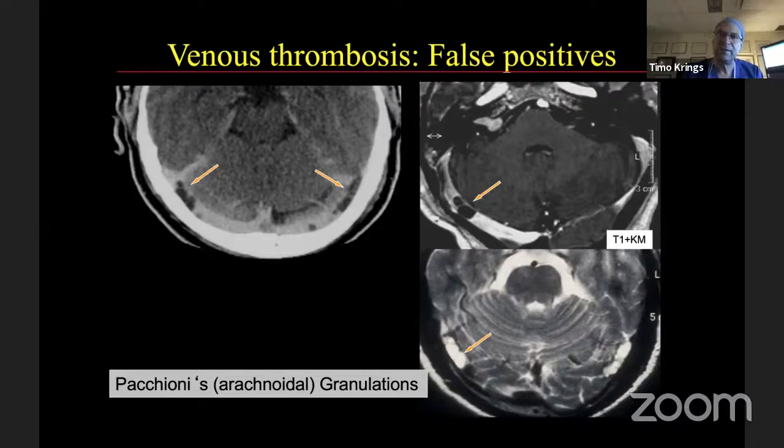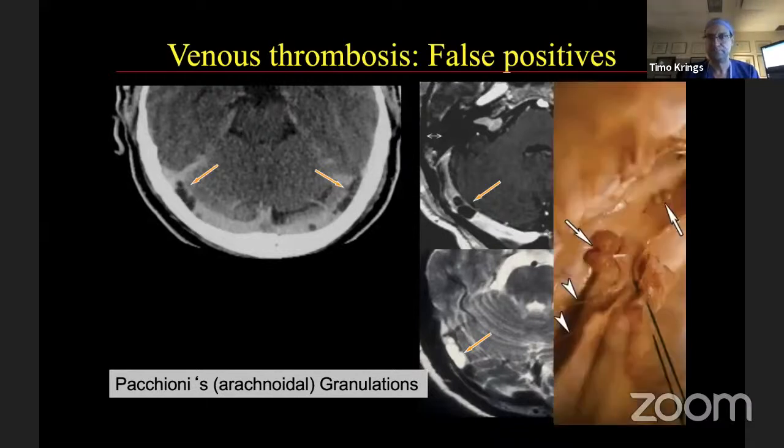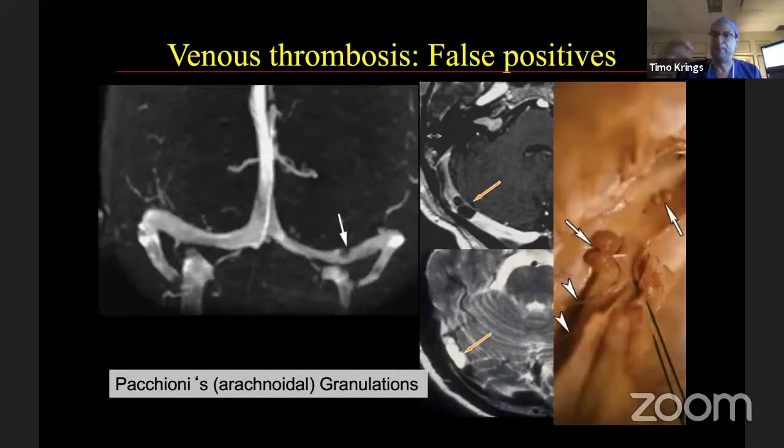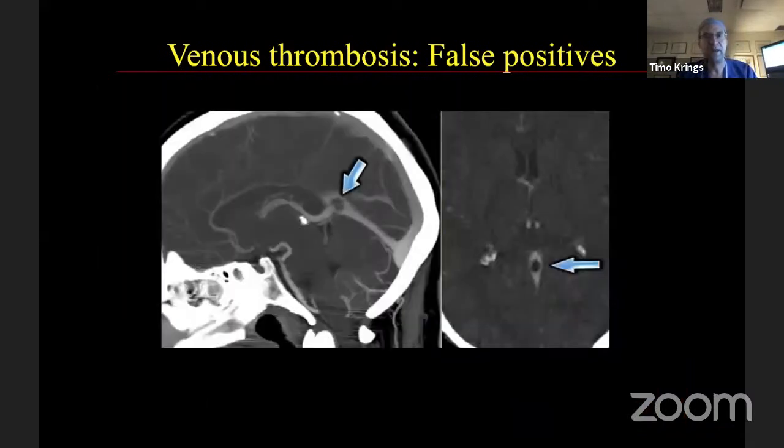They are never present within the jugular bulb. They are rarely present within the sigmoid sinus, but they are often present within the transverse sinus and the superior sagittal sinus. And they can pouch out from the dural lining into the sinus, as can be seen here on this scan.